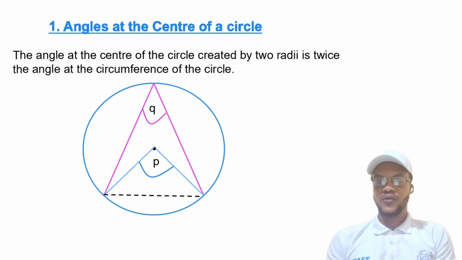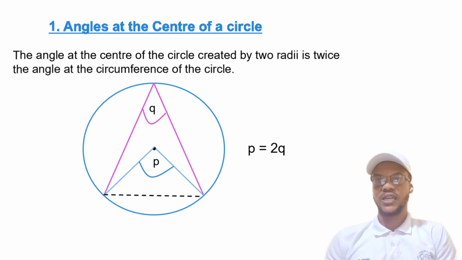So you realize that the first two radii and the two chords are sharing the same chord. Once they are sharing the same chord, then we are saying that the angle at the center, which is P, should be equal to twice or two times the one at the circumference.